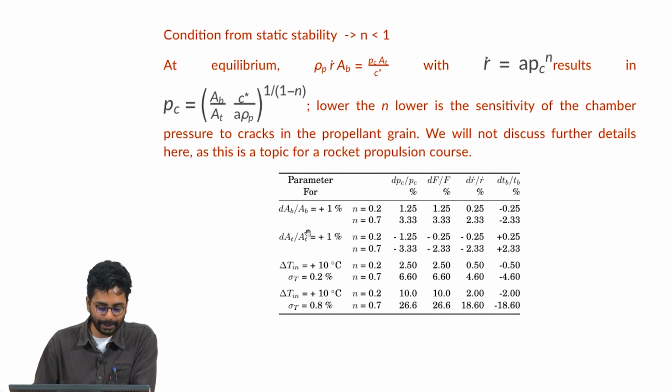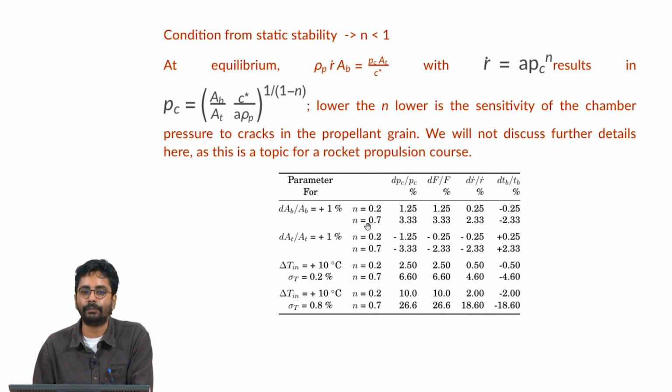On the other hand, if you have an n value of 0.7, this can lead to a large change. It can lead to a change in pressure that is about 3 times what you get at n equals 0.2, and the thrust change is correspondingly 3%.